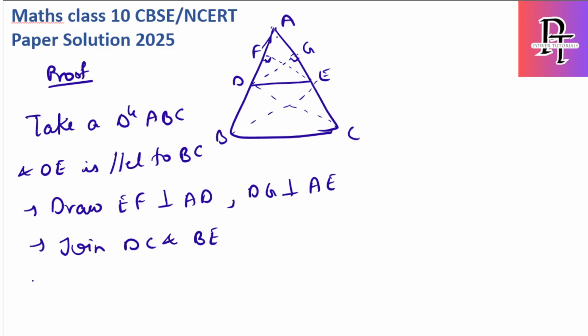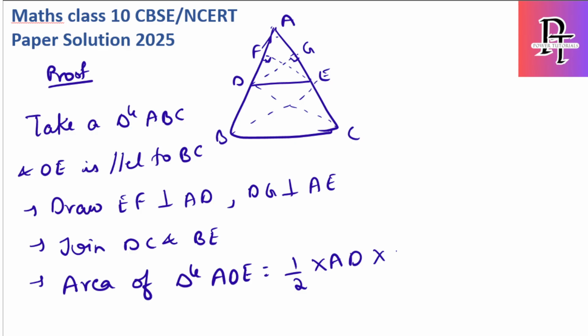Okay, in the next point, area of triangle ADE is equal to half into, if I consider AD as base, then it becomes half into AD into EF. The same way, this is also equal to half into AE into DG. This is the next step.